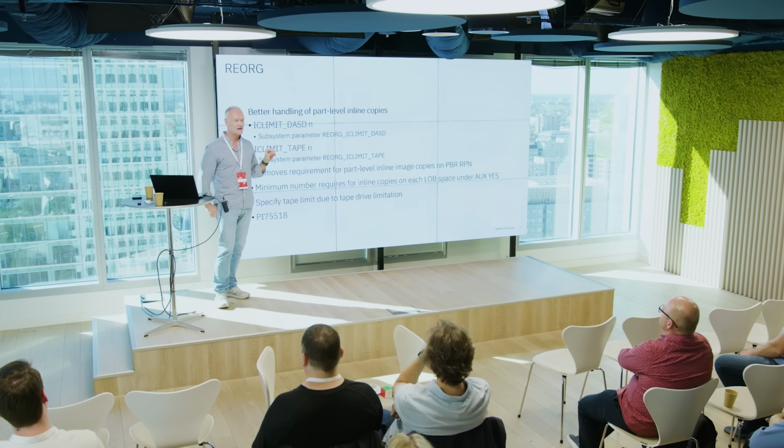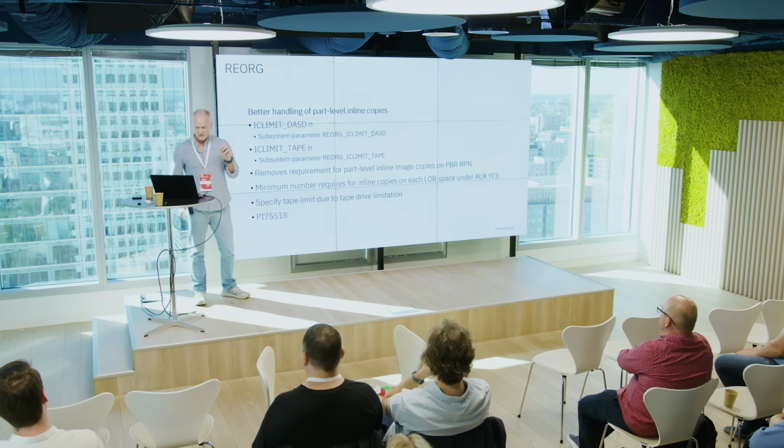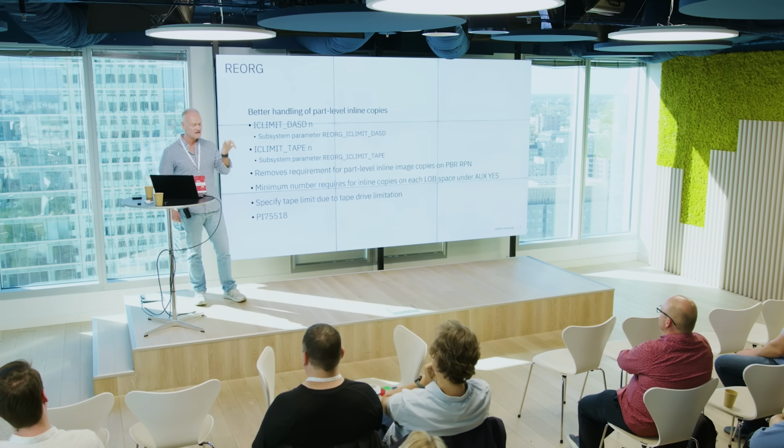But it really became a big issue when we delivered PBR RPN, PBR relative page numbering, in version 12 of Db2. Because with PBR RPN, there is actually nothing in the data page that tells us what partition that data page belongs to anymore.